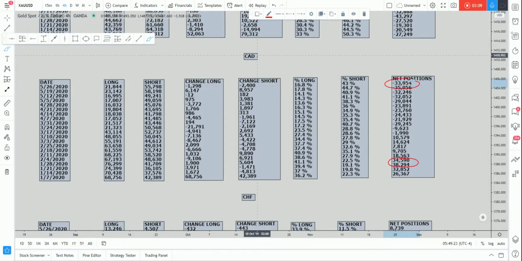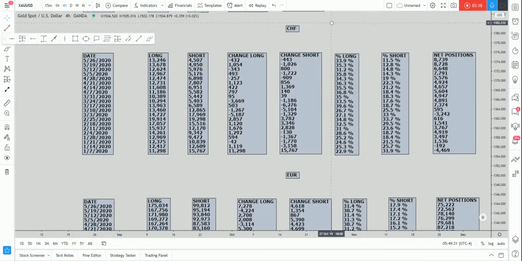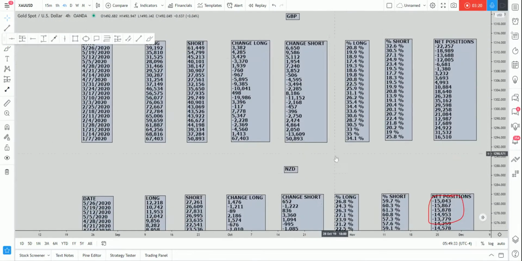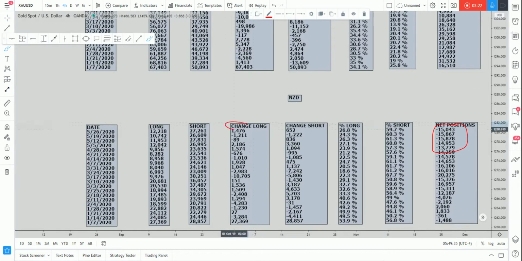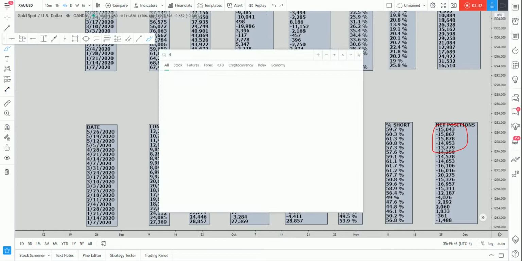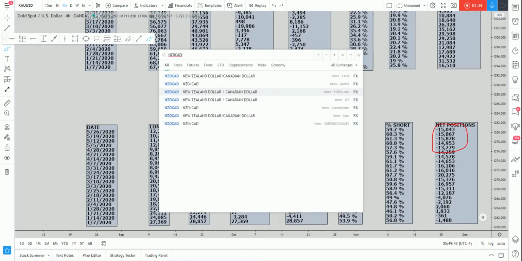So overall, definitely CAD can continue to get weaker. We go and see what we have from an NZD perspective, and we definitely want to see more longs added with the new report that will come out today, and net positions start shifting to the upside, given that this week there has definitely been some longing from an institutional perspective on the NZD.